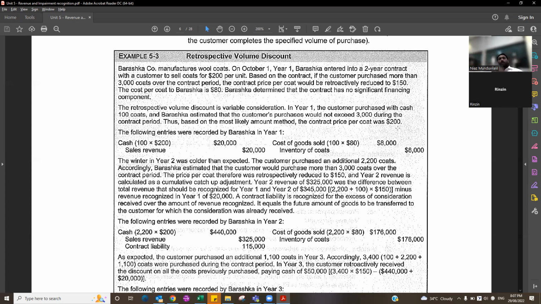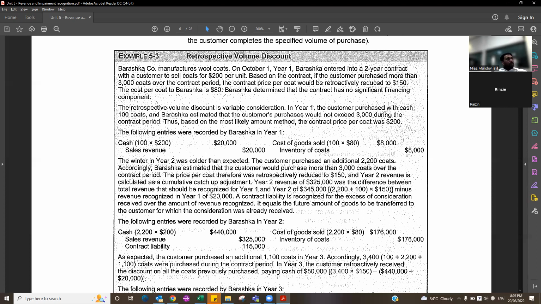So for example, you are my customer, and our agreement is $200 per coat, and you should purchase 3,000 coats in 2 years. In the first year, you purchased only 1,000 coats. So I'm expecting that if this year you purchased only 1,000 coats, next year also you will purchase only 1,000, so you won't exceed 3,000. So I will consider your sales as normal 200 sales.